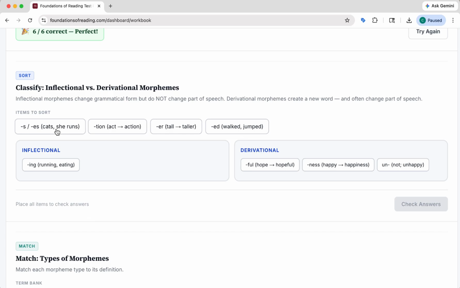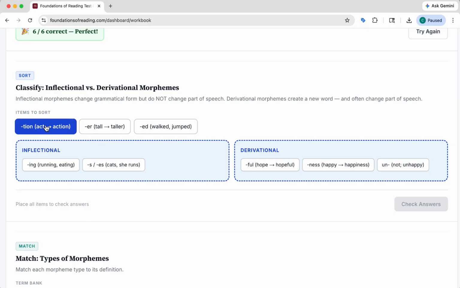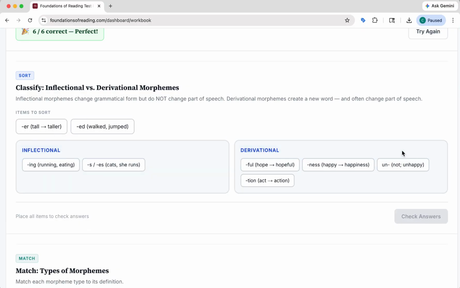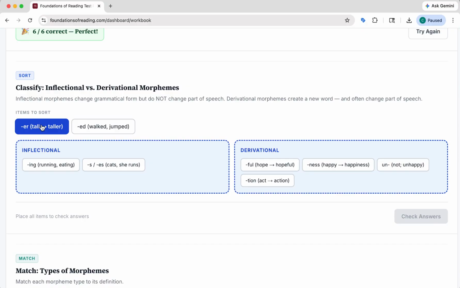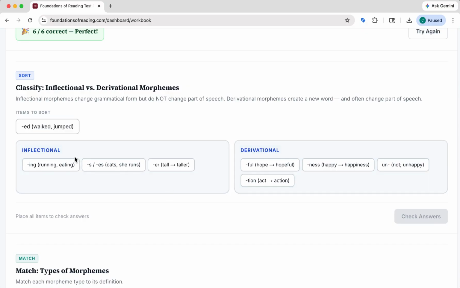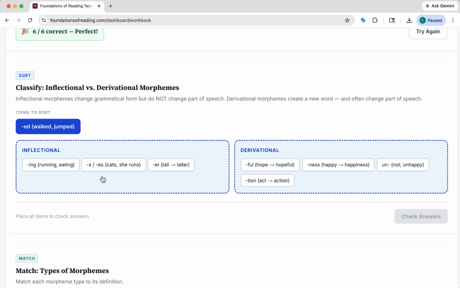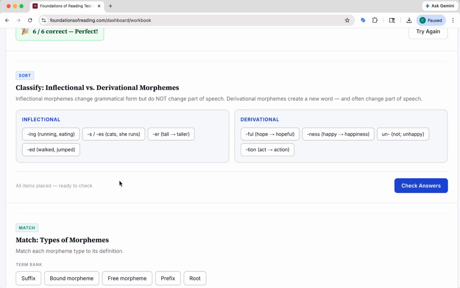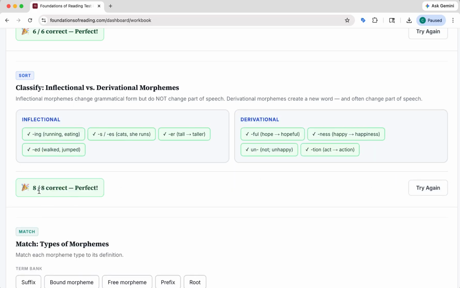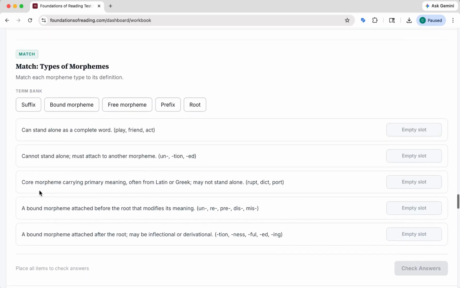So with this S, put that down there. The -tion, T-I-O-N, would change, such as act and action. Yep, right here, good. And -er, tall, taller, still inflectional, and the -ed, I'm going to put right there. Check it, and we are good to go.